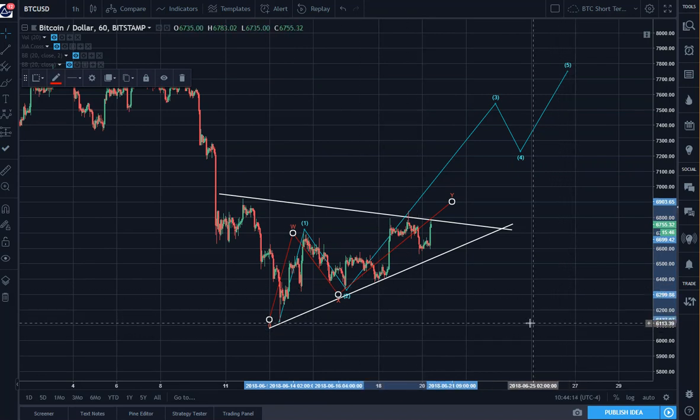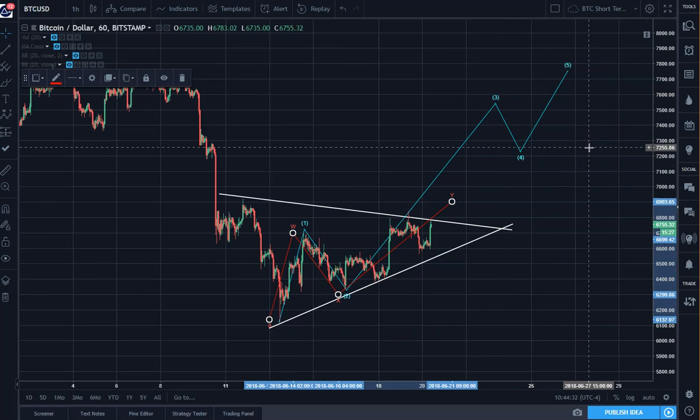Okay. But the fact that this is a triangle, also, while within this triangle you've got an inverted head and shoulders, to me that inverted head and shoulders would give more bias to the upside of this impulse count. Okay.